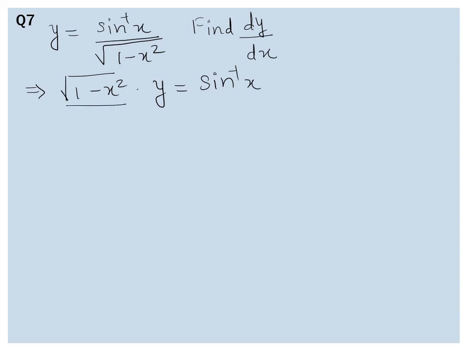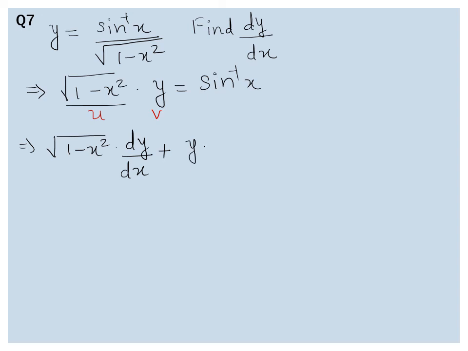Root of 1 minus x square is u and y is v, and therefore applying the product rule it will be u into the derivative of v plus v into the derivative of u.